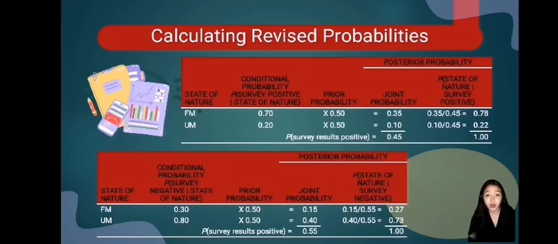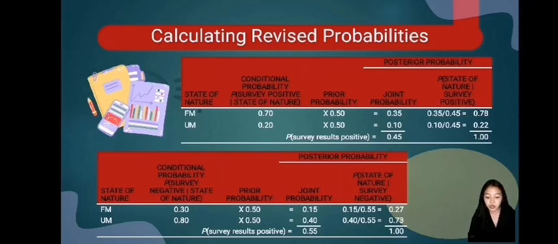The same is true for the unfavorable market, where 0.20 multiplied by 0.50 gives a 0.10 joint probability. Next, we add the 0.35 and 0.10 joint probabilities to get the probability of a positive survey result, which is 0.45.